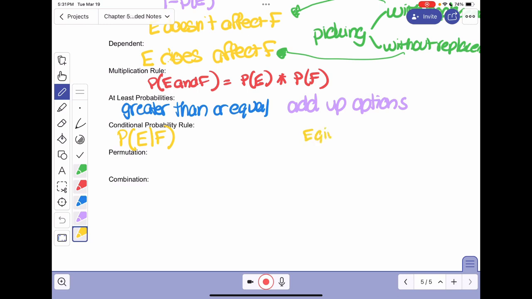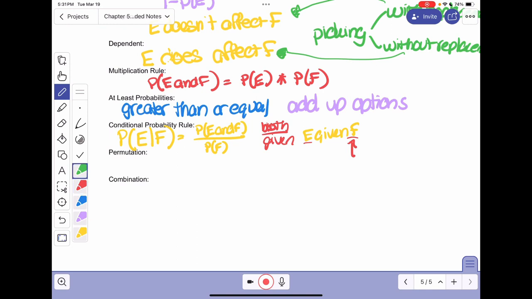E given F, that vertical line, is the probability of E and F over the probability of just whatever you're given. So a shortcut that I remember is both over given. So you find the probability of both events together, and you divide that by the probability of that specific given, and that will give you the conditional probability.